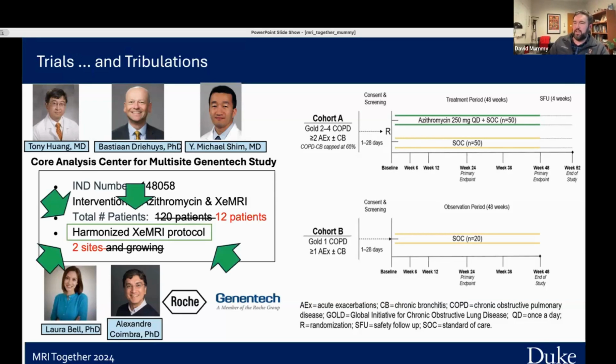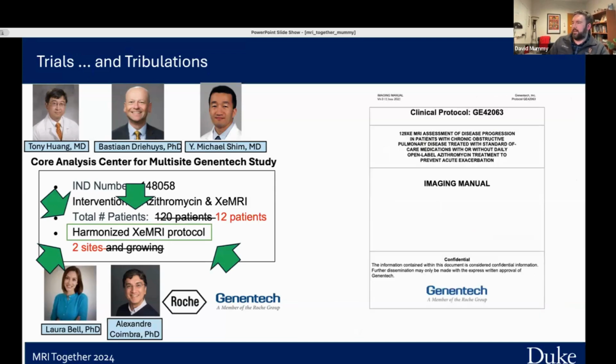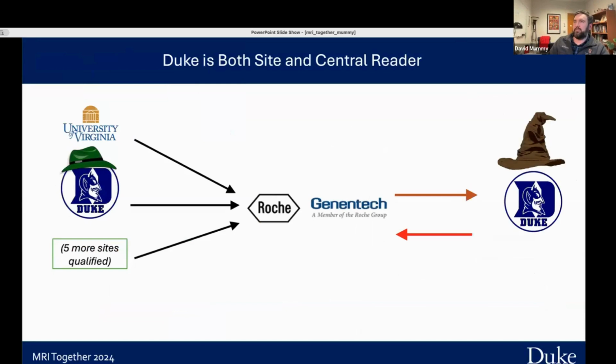So I'm going to really focus on that harmonized protocol that grew from this study. We created an imaging manual. Laura was big in spearheading this, that we distributed to every site to do their imaging. And then Duke was both a site and also a central reader to do the analysis of the images. Here's us wearing our different hats to represent that. And so the way that would work was each site would send its raw data and DICOMs to the sponsor, Genentech.